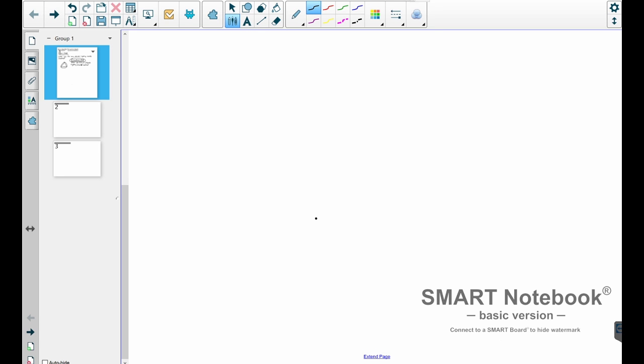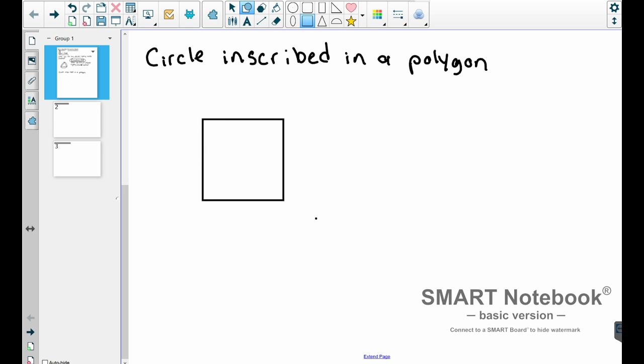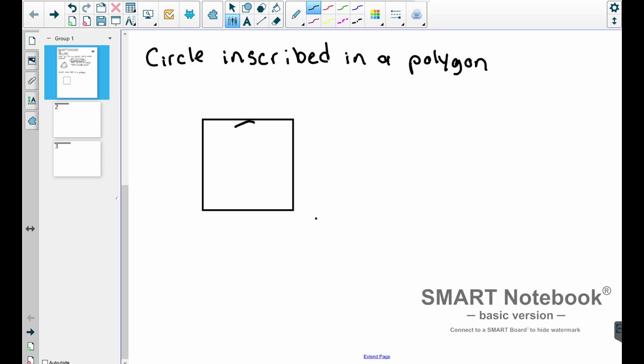So what if a circle is inscribed in a polygon? That would be, and let's use these shapes. Say we have a polygon like this. Circle inscribed in that would look something like that. That's not the best circle in the world.